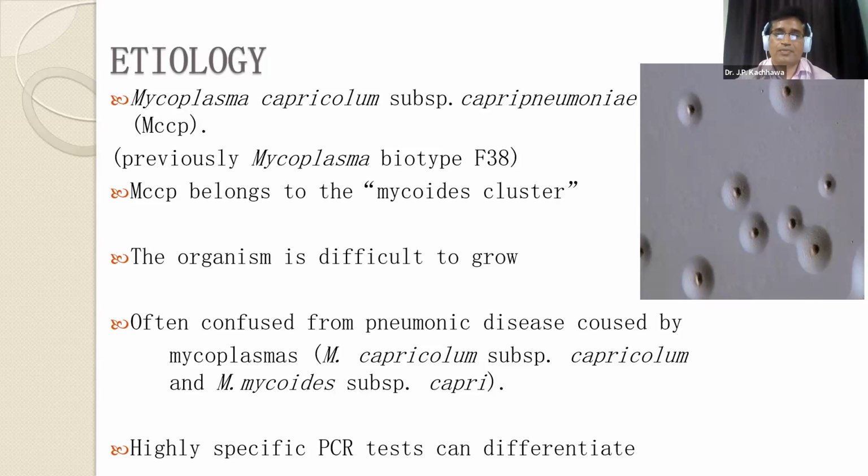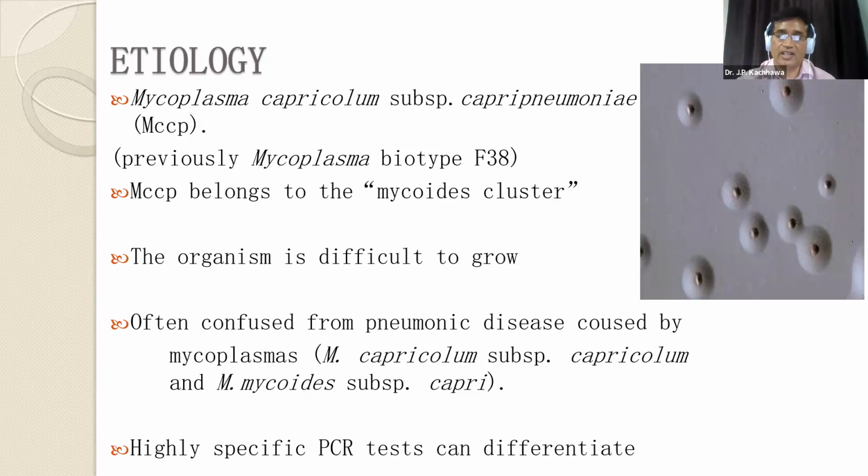This organism is difficult to grow in the laboratory because it requires a specialized media, and the incubation period in the laboratory is also very long. So it is very difficult to grow.